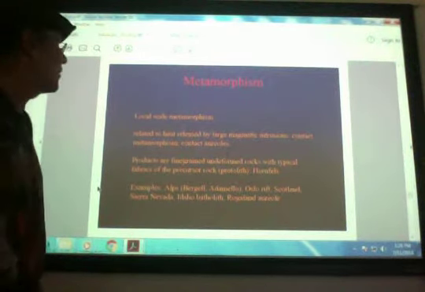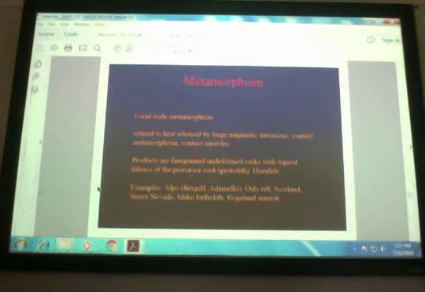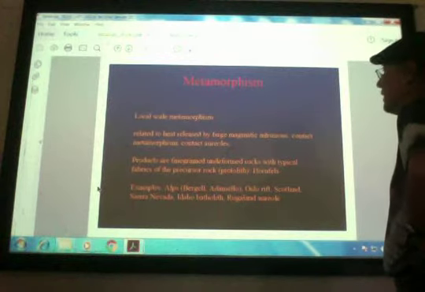These rocks are called hornfels. Hornfels are formed at low pressures but high temperatures, because they are always related to a hot melt, so you automatically have high temperatures. These rocks are typically undeformed and fine-grained, and we call them hornfels.